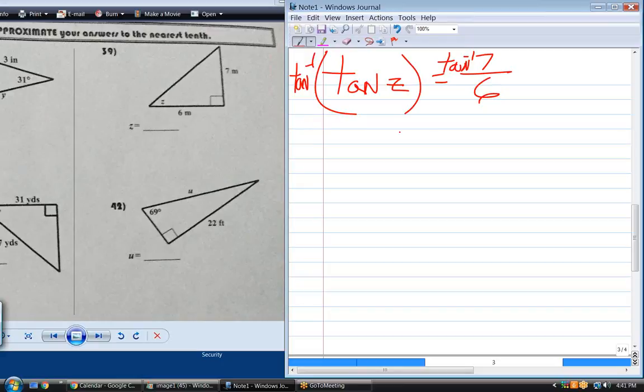And then when you have the inverse tangent combined with the tangent, you have z. Or vice versa. If I had the tangent of the inverse tangent, I would have whatever that letter was. So z is equal to the inverse tangent of 7 over 6. This time I am going to do it because we haven't done one of these.